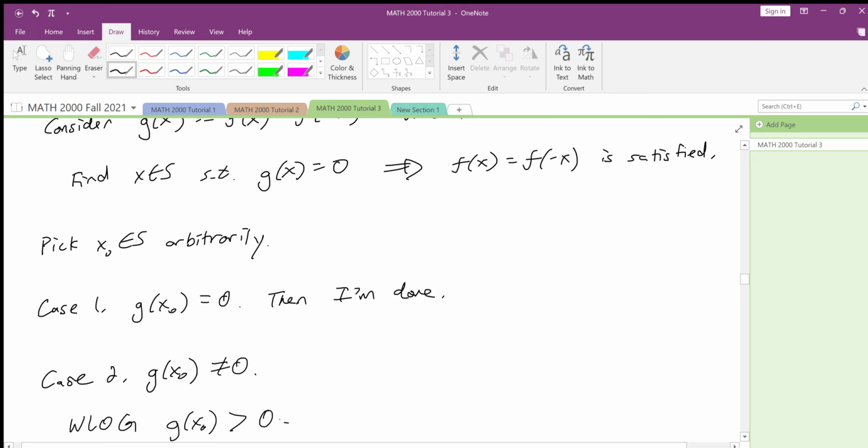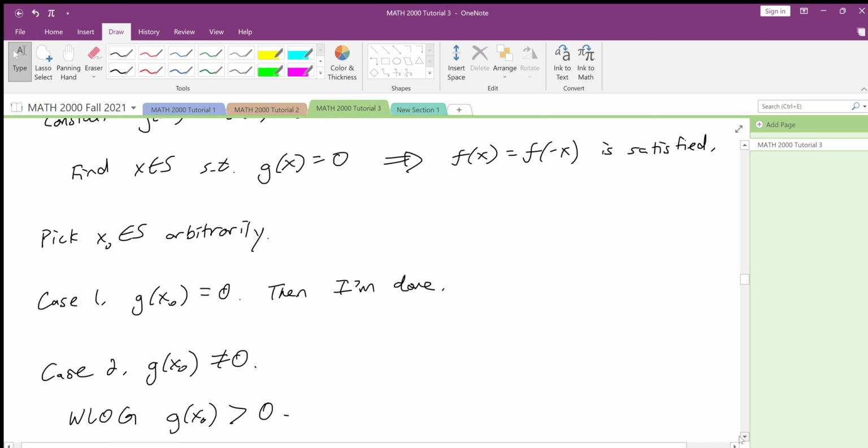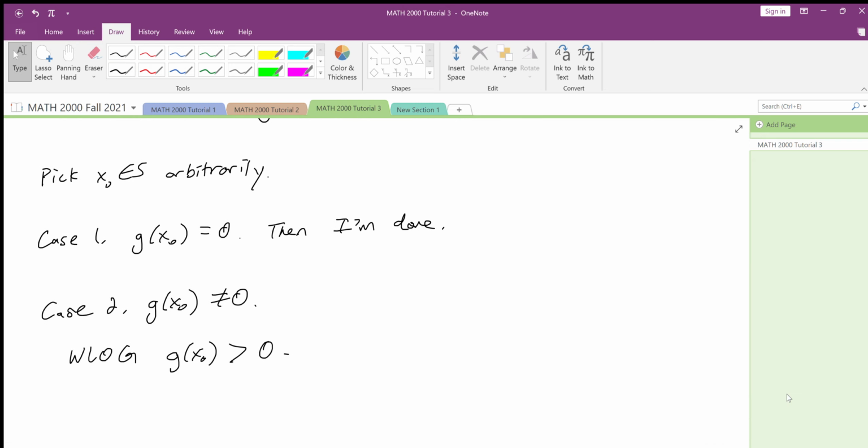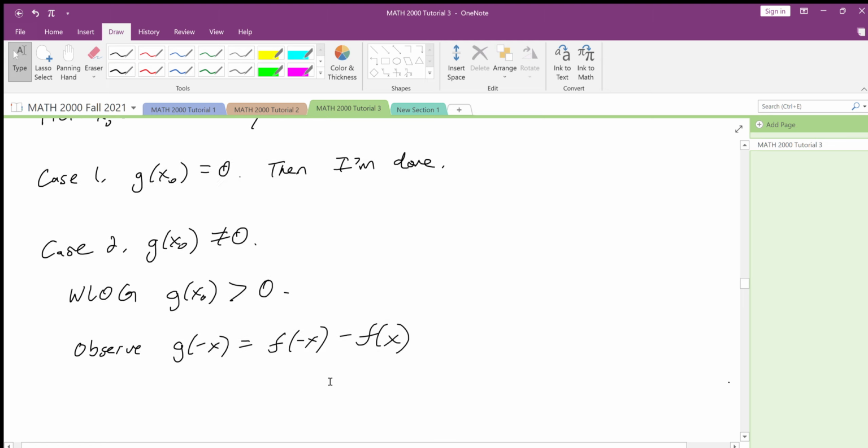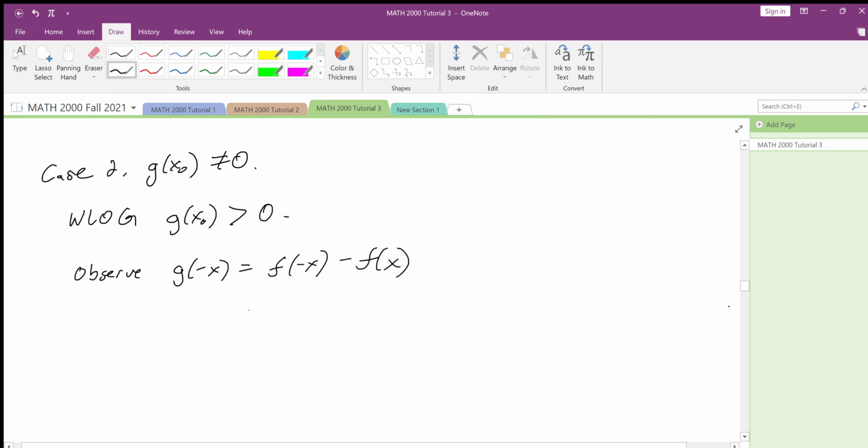We observe that this function g that we have in front of us is an odd function. So what do I mean by that? G of negative x is equal to f of negative x subtract f of x. And if you simplify that, that's negative of f of x subtract f of negative x.